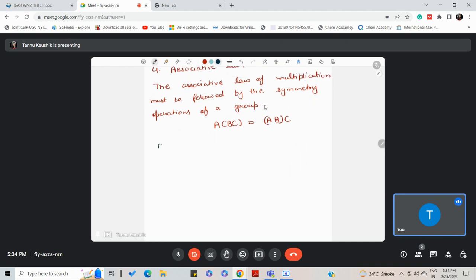So let's again check it with the example of the C2v point group. If we take C2 and the multiplication of sigma xz and sigma yz, it will follow the associative law like this. Sigma yz will be outside, and C2 and sigma xz will be in the bracket. So sigma xz into sigma yz will give us the C2 operation.